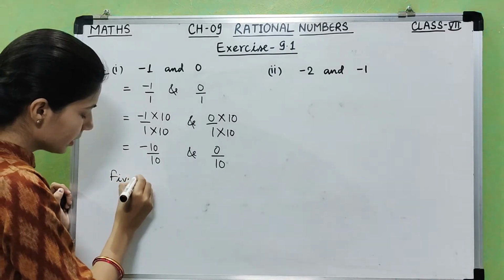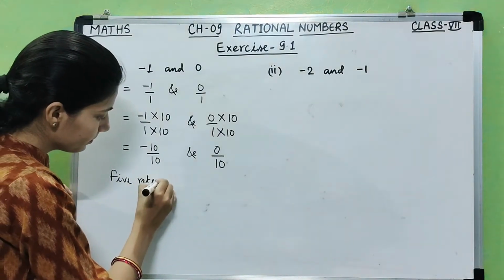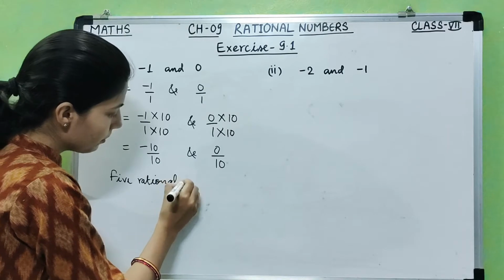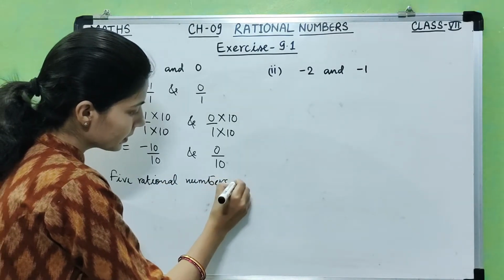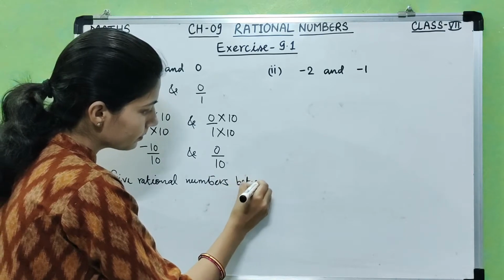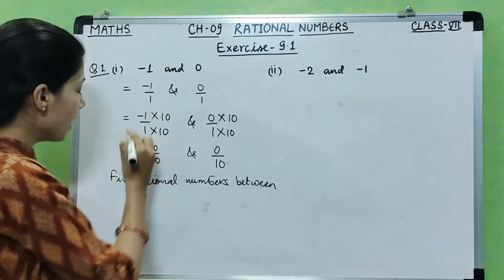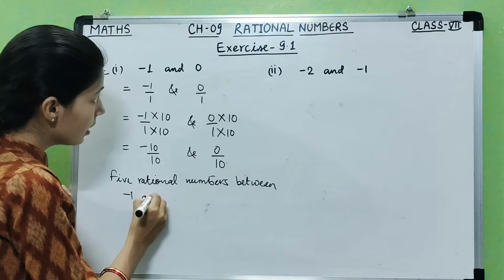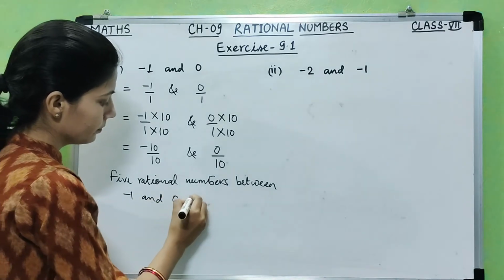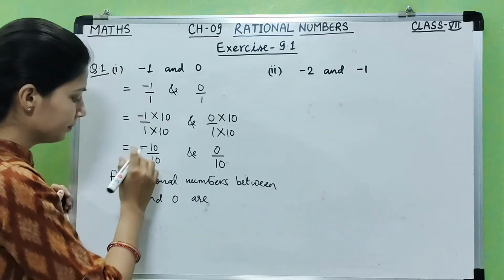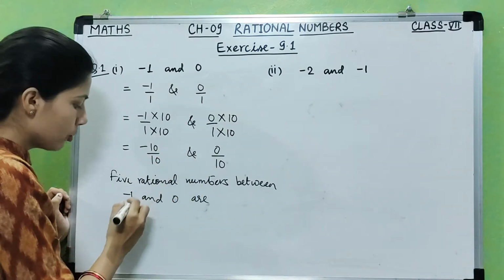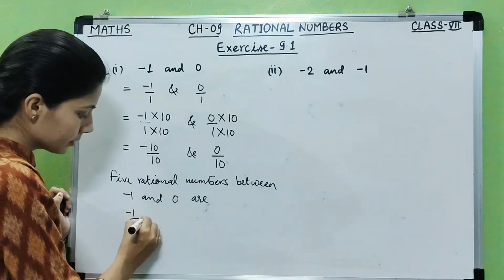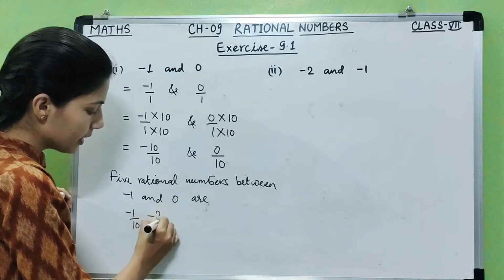5 rational numbers between -1 and 0 are -1 upon 10, then -2 upon 10.